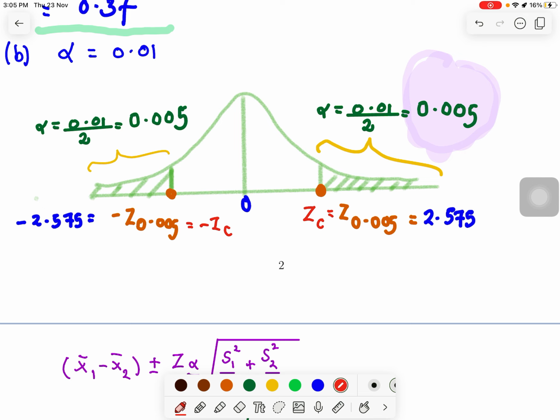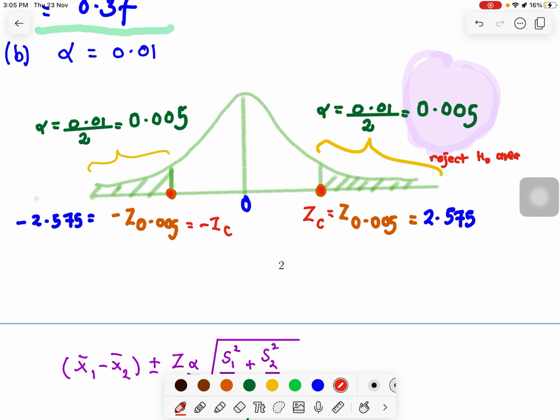Because if the test statistic value that we count at step 3 is on this point or here or in the rejection area, so this we call a rejection area.